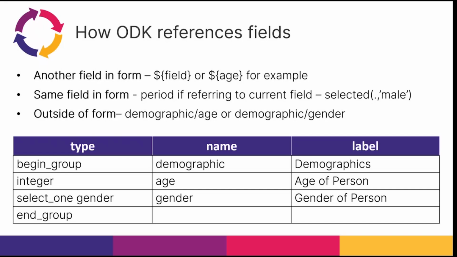This is part of the structure of ODK: technically the address for the age question, for ODK and for Zeit as an extension, is going to be demographic/age or demographic/gender. So even though we might think of that field as just being called age, in programming terms the form structure is looking at a specific address, which includes the group as a prefix. So demographic/, as if we're keying into a directory or a folder almost.